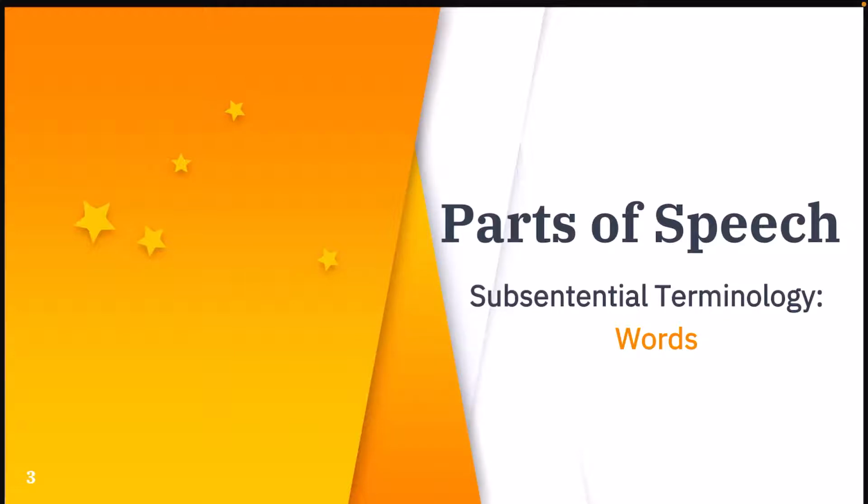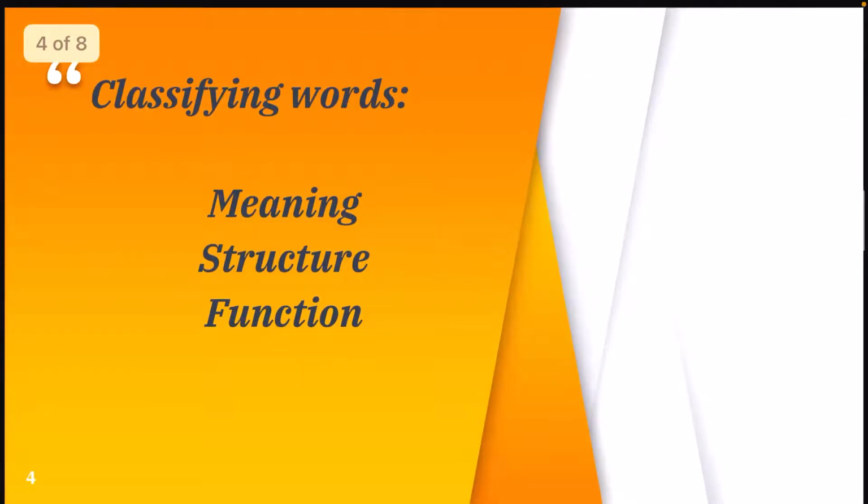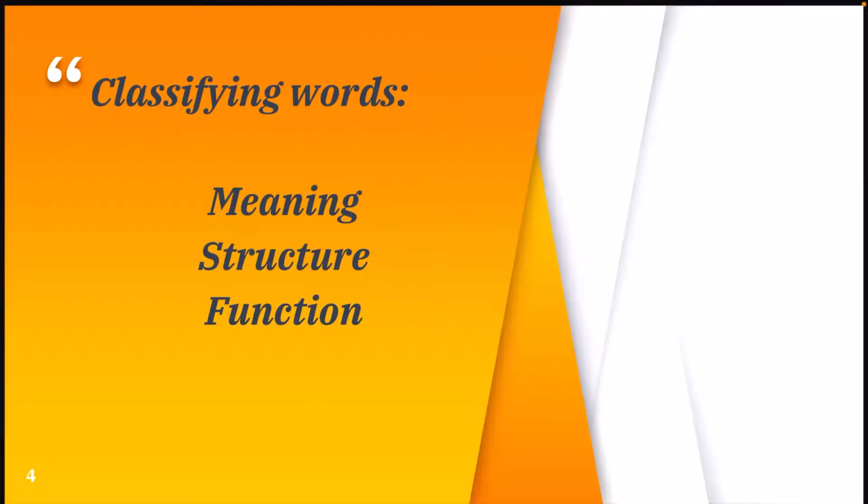Words can be classified according to meaning, that is semantically, or structurally, that is according to their morphology, and functionally, that is according to the function that the words perform in a sentence. Let's start with the first criterion.